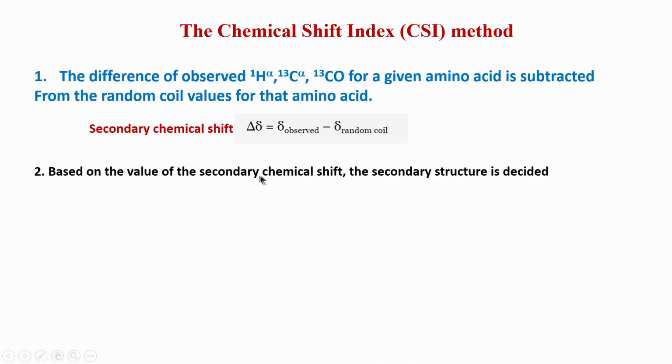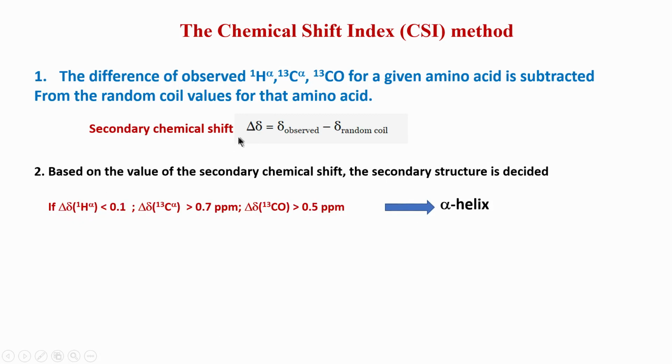Based on this value, the secondary structure is decided. So, now look at these ranges. Here there is no amino acid specific criteria; this is a general criteria for all amino acids.